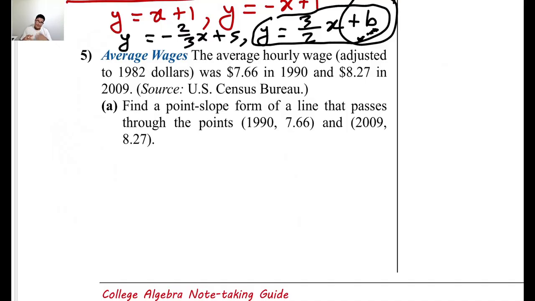We'll take these problems and convert them into linear models. The average hourly wage adjusted to $1982. You understand what that means? In our times, when we are in a forever inflation situation, this adjusted $1982 means that what you can buy with money in 2020, let's say, is not the same; you would be buying more with the same money in 1982, right?